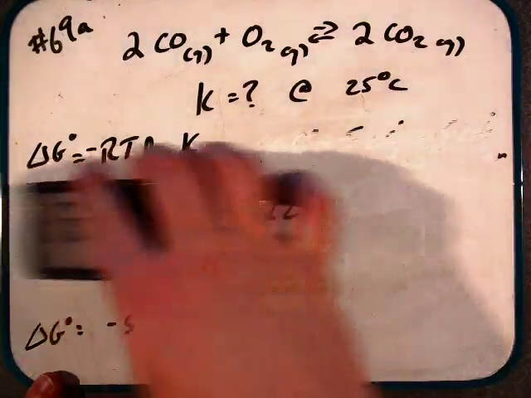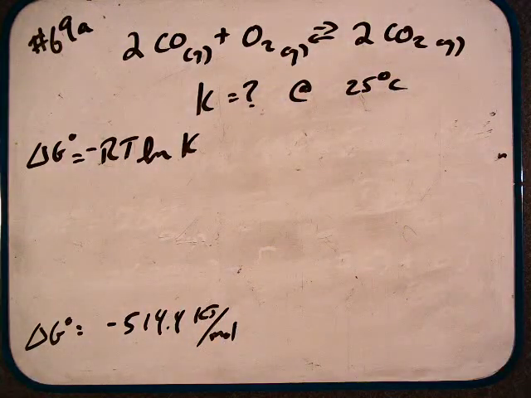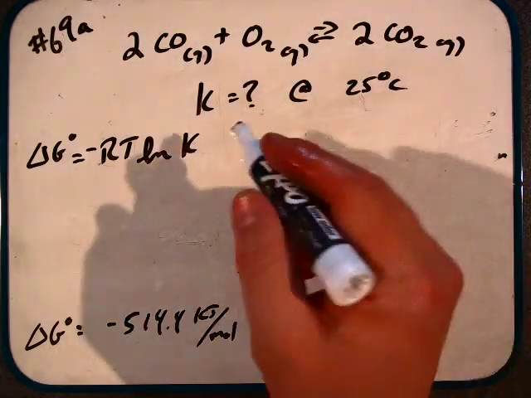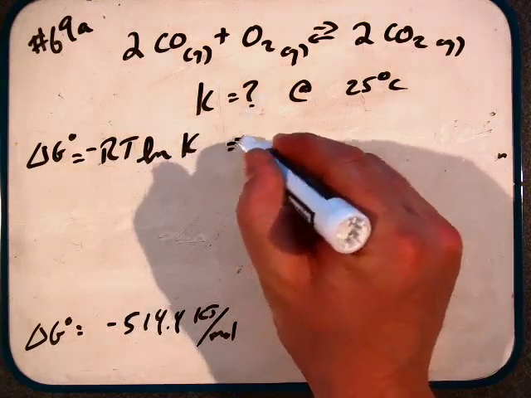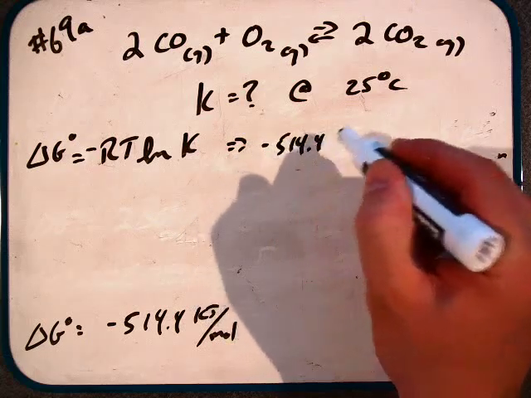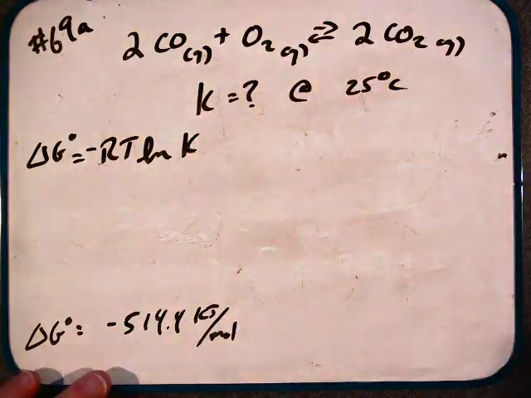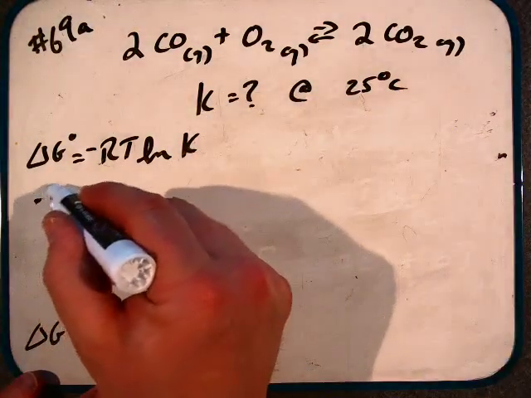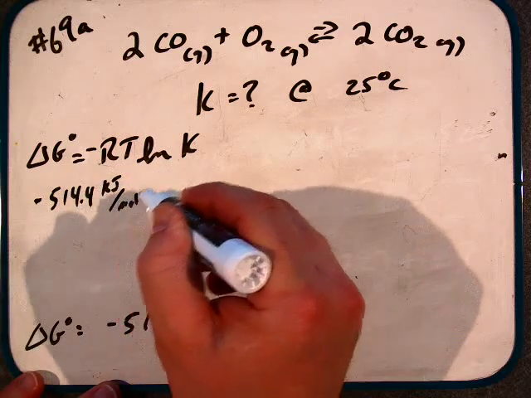We can now use that delta G back in the first equation to answer the problem by solving for what K is. So if we substitute our values that we know, our delta G is negative 514.4 kilojoules per mole.